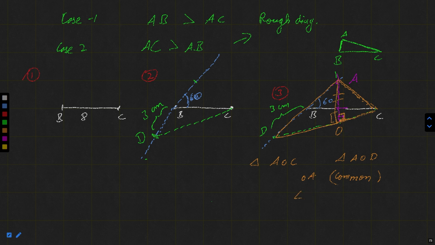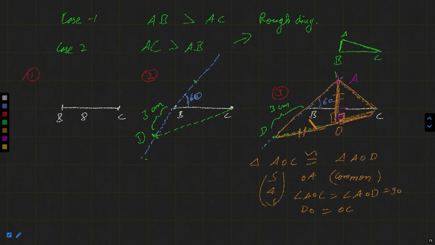So angle AOC is equal to angle AOD, because both are equal to 90 degrees, and DO is equal to OC because this line segment bisects the CD line. So DO is equal to OC in length. From the side angle side rule, we can say both triangles are congruent.